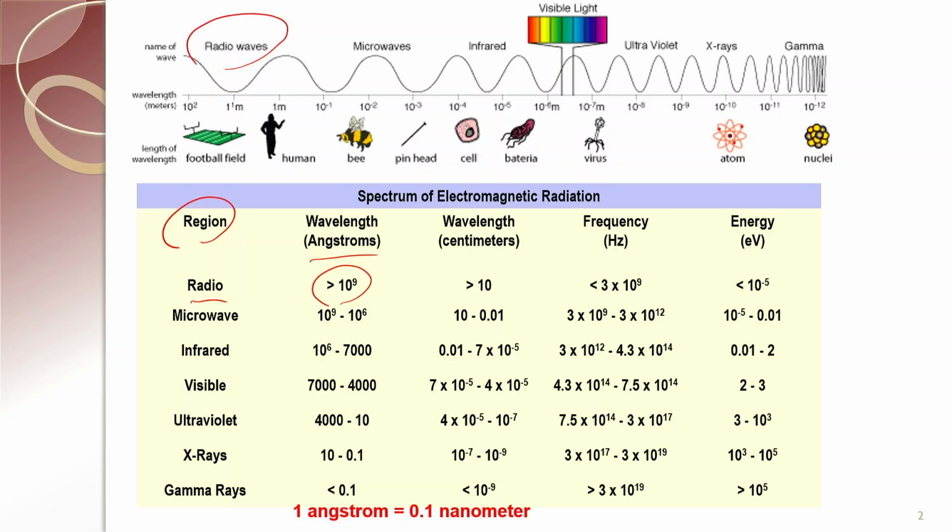You can see here more than 1 kilometer, up to say 100, so 1 meter to 100 meter. So, the wavelength of radio wave is very high and long. You can imagine it as typically the height of a person, and maybe it can go up to a football field. So, that is the range of the wavelength.